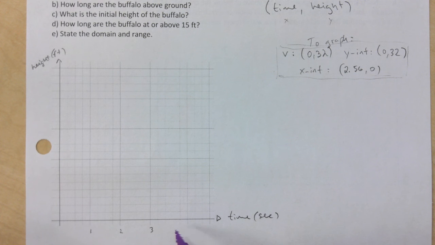So 4 would be right here. This would be the 4 mark there. And I will be able to get my 2.56 in there, no problem.